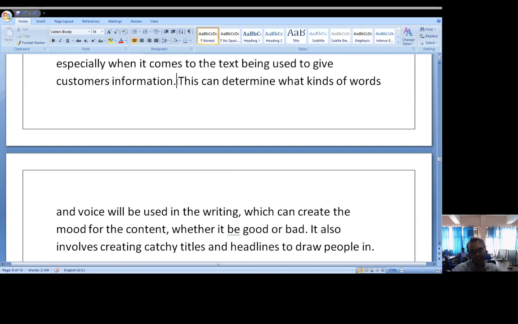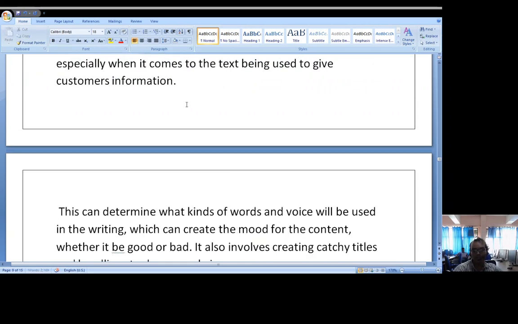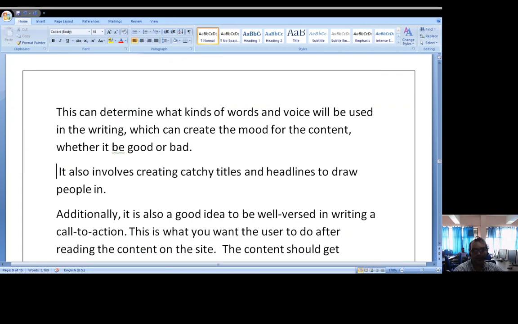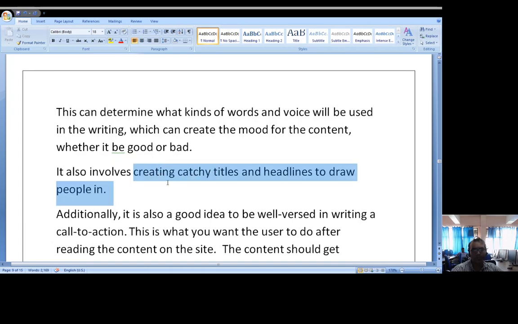One must understand that the mood of content is very important, and the art of writing is all about how to create that mood within the user. That's why a profile known as content writer is there, to create those moods within the user, and how the user is going to accept your words in his own way. That's why we try to be creative and use some catchy titles and headlines to draw people in.